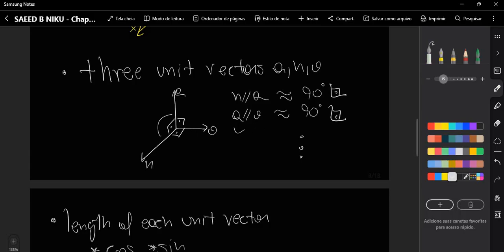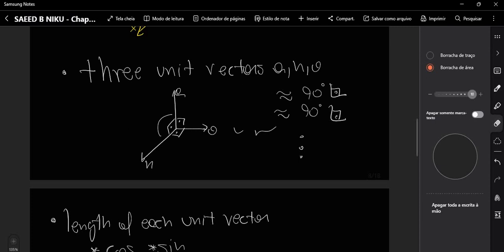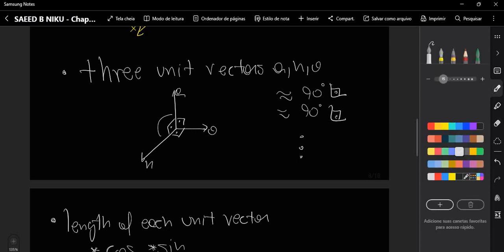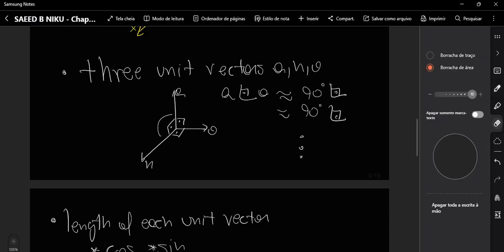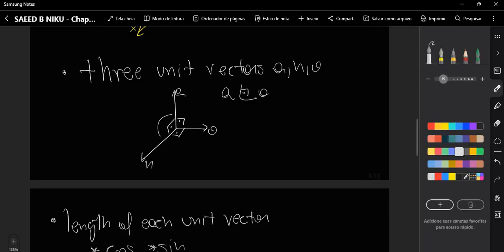here the idea was to represent orthogonal vectors, but I'm writing parallel, and actually I should write it this way: A orthogonal with O, the unit vector, and this is 90 degrees.